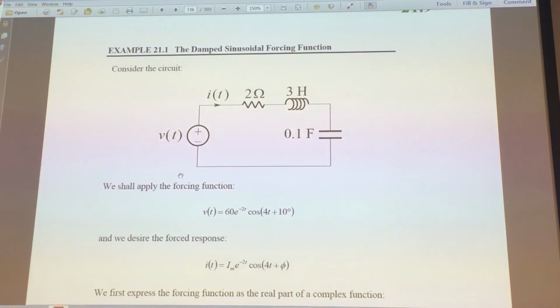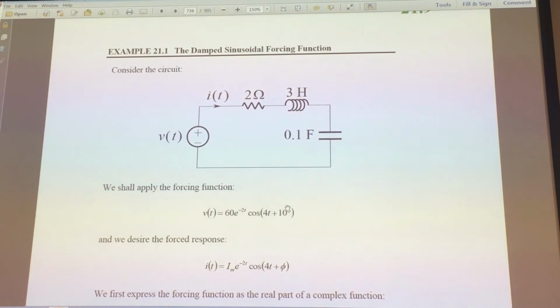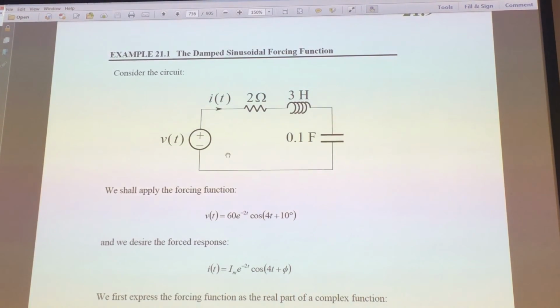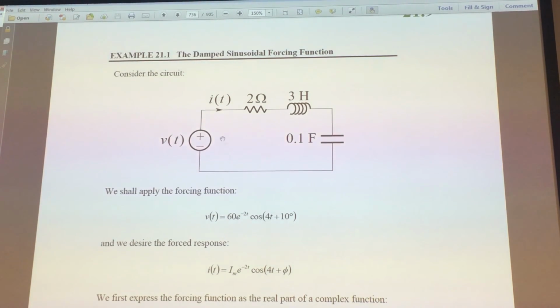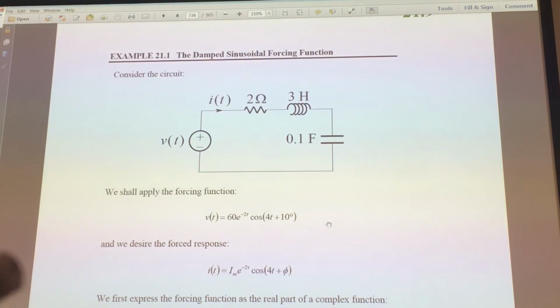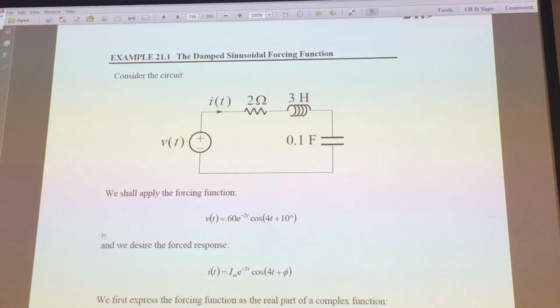Or maybe before we go into that, we'll see how we do it the long way in the time domain, and then we'll do the same in the frequency domain. So suppose that you have a circuit like this, nothing special, an RLC circuit, and V of t is now the full exponentially decaying sinusoidal function. We want to find the response, and we are only interested in the forced response at the moment.